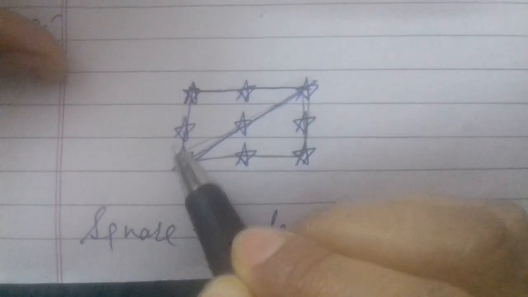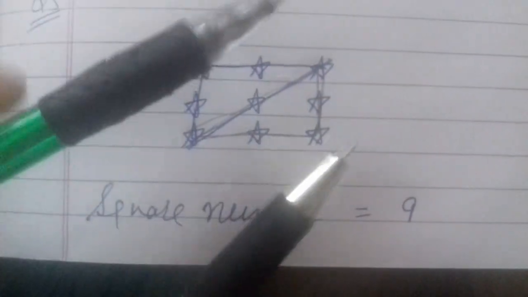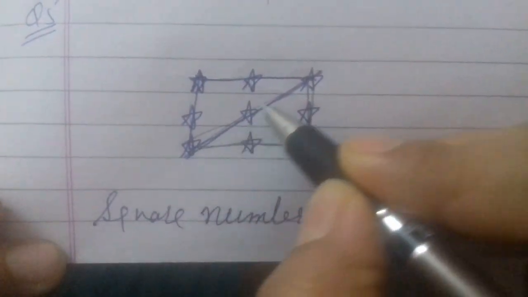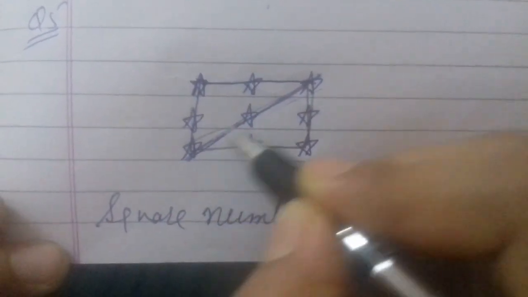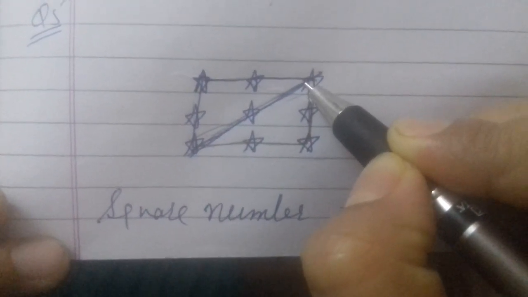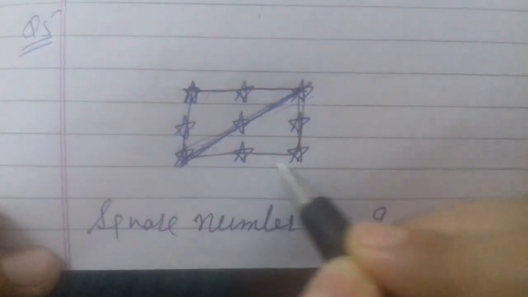6 stars in this triangle and 6 stars in this triangle. We have to join both the triangles. Then you can see this will become common. This side will come common in both the triangles. Clear? So one side will collapse with each other. Okay, and this kind of pattern is formed.